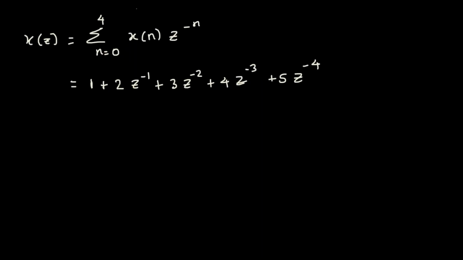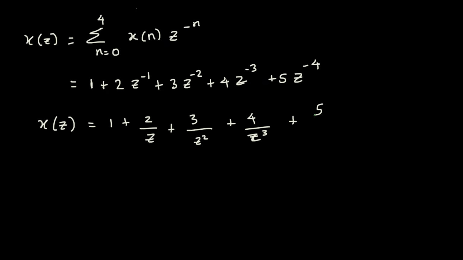Instead of z power minus 1, I'm going to put the z in the denominator. So X of z is equal to 1 plus 2 over z plus 3 over z square plus 4 over z cube plus 5 over z power 4.